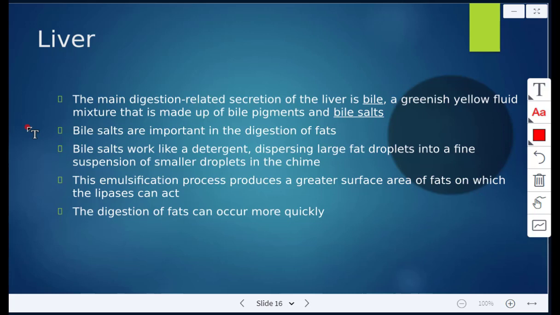They work like a detergent. They'll disperse large fat droplets into a fine suspension of smaller droplets in the chyme. This emulsification process produces a greater surface area of fats on which the lipases can act, and therefore the digestion of fats can occur more quickly.